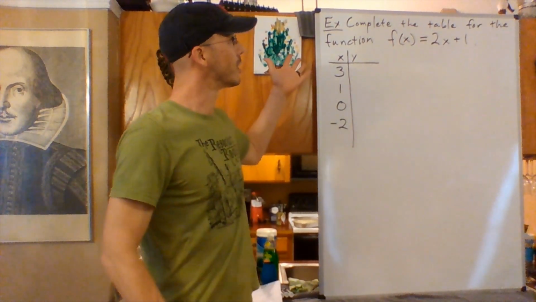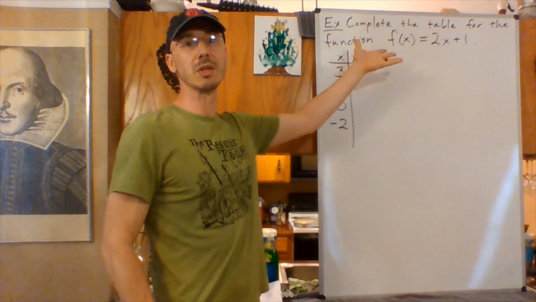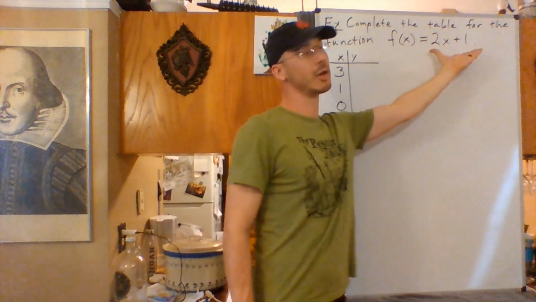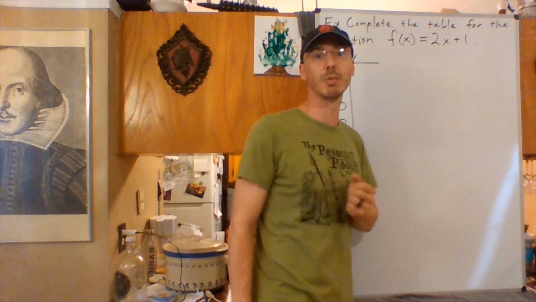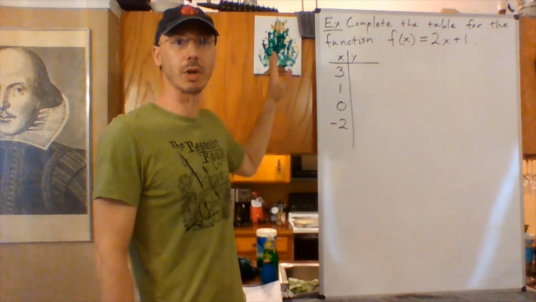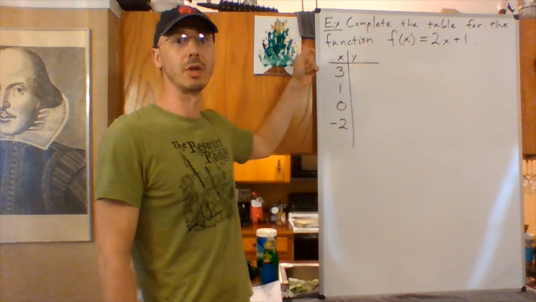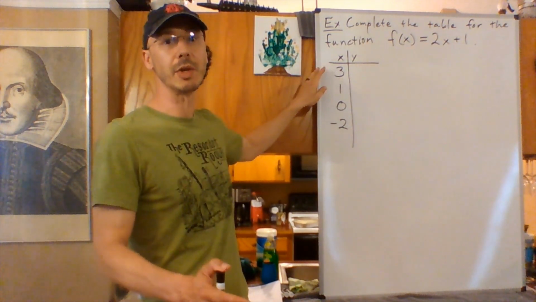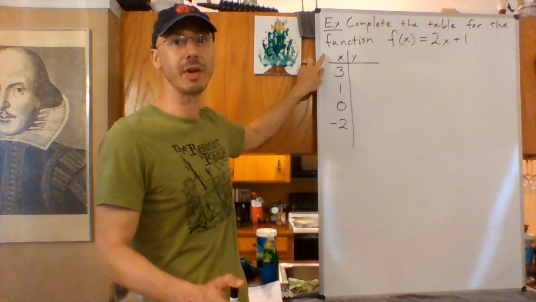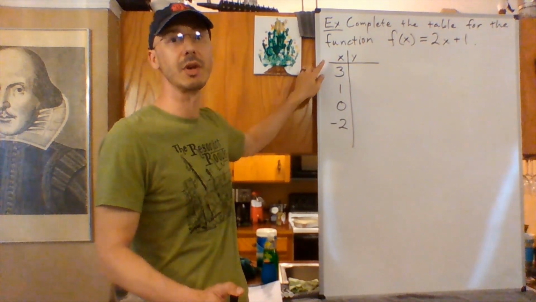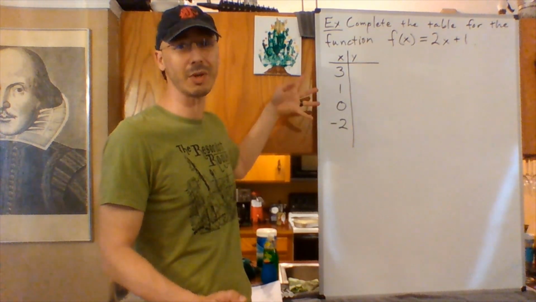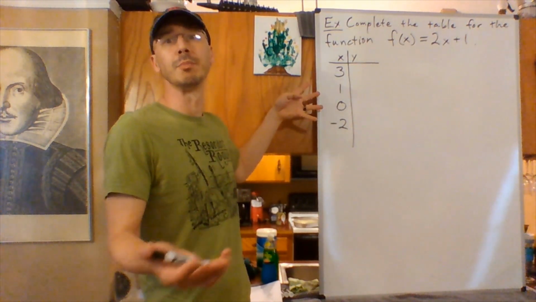Next, we're going to look at an example of how to use this function notation and what it really means in terms of algebraic expressions. So what I've got here is that we're going to complete the table for this function where I'm given this information. I'm supposed to use the x values, or the input values of 3, 1, 0, and -2. That's 4 different input values.